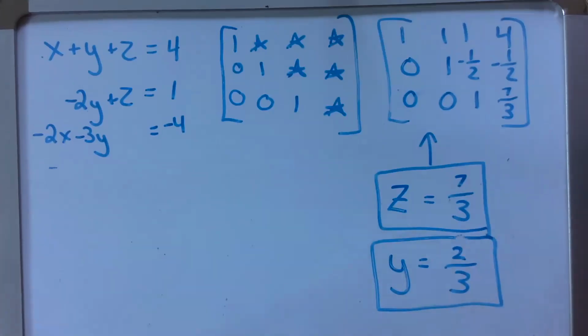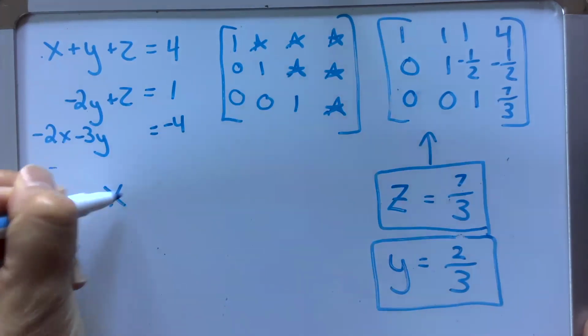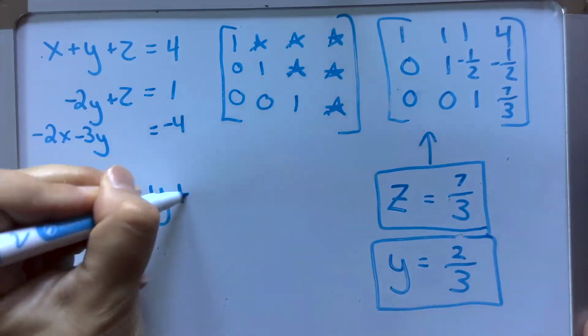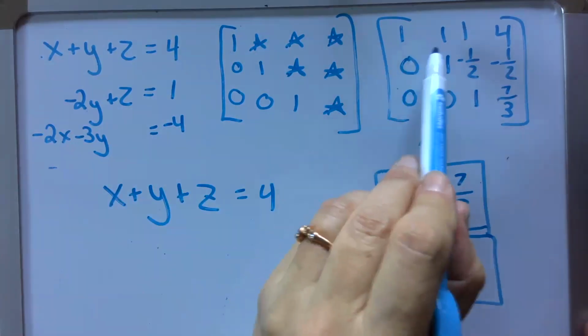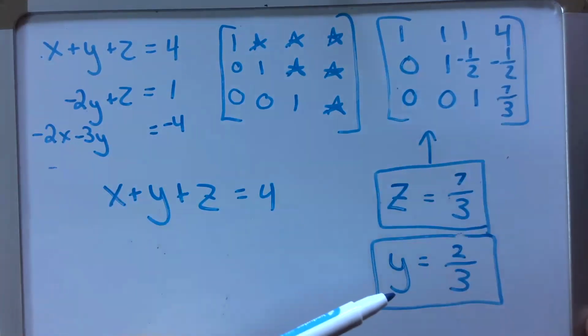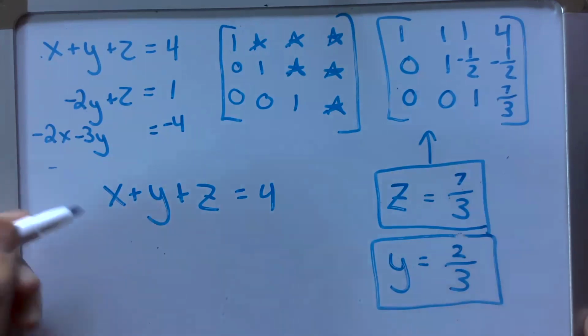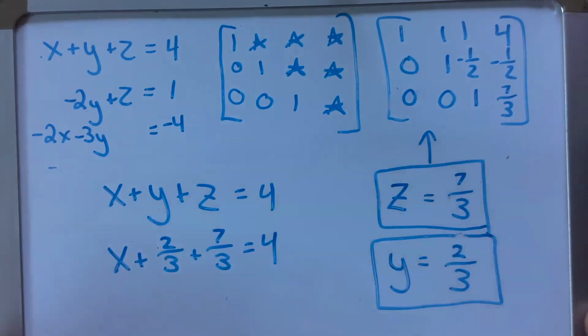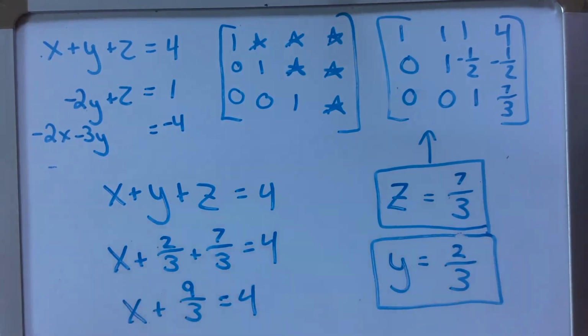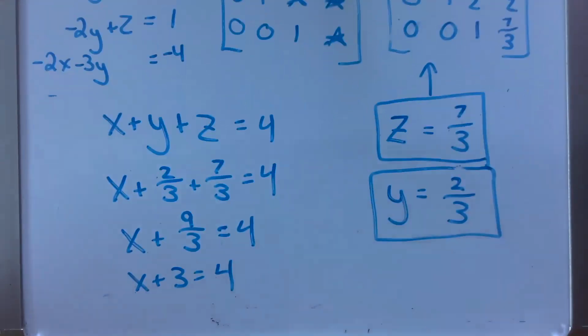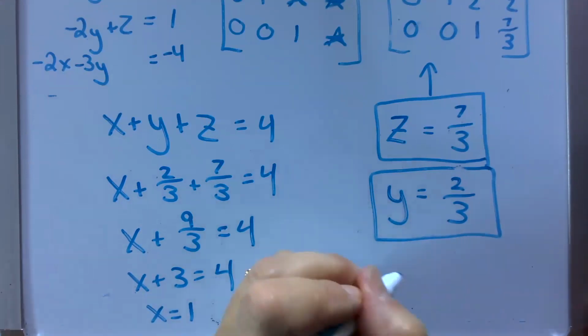And now I'm going to do it again for my top line, where I have that x plus y plus z equals 4, right? 1x plus 1y plus 1z equals 4. I have my y, I have my z, so let's solve. I substitute in my y and my z. I combine like terms. Okay, 9/3 is just 3, which means that x is 1, and I have my third solution.